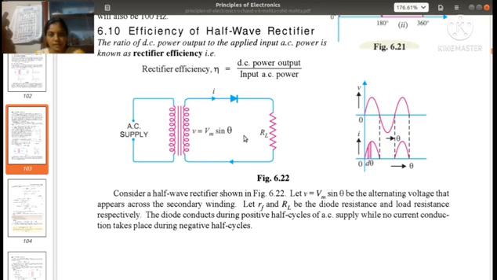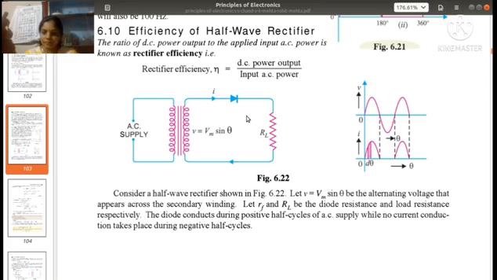So let's look at this circuit diagram. This is the input AC supply, this is the transformer, and let V equal Vm sin theta be the input voltage, where Vm is the amplitude of this AC input signal and theta is its phase. Let I be the current flowing through the circuit, RL be the load resistance, and let RF be the diode resistance.